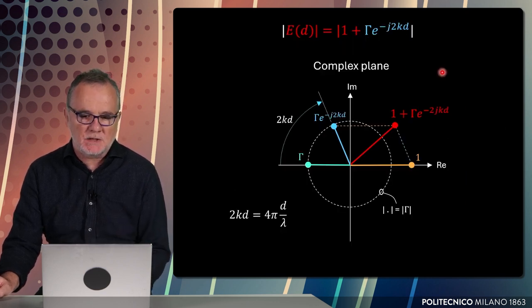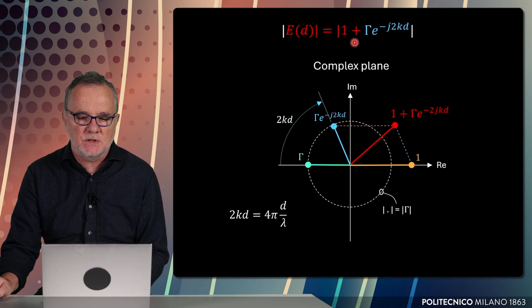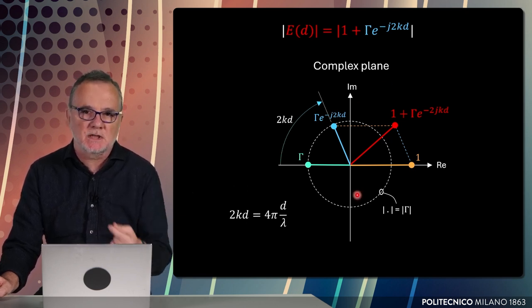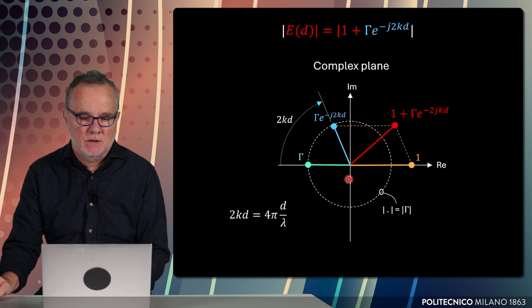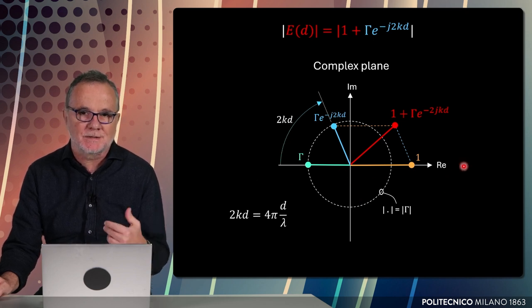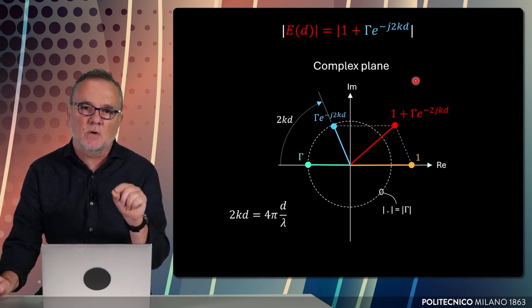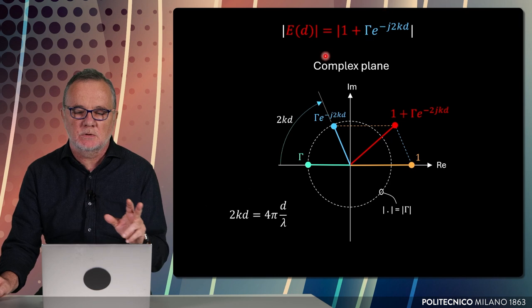As you see, what we are studying is the magnitude of the field, neglecting the term A+, which is the magnitude of the sum of these two complex numbers. For this purpose, and to study what happens, we plot a complex plane in which we plot a complex number as a point, in which on the horizontal axis is the real part, on the vertical axis is the imaginary part, in which we can plot all complex numbers related to these expressions.